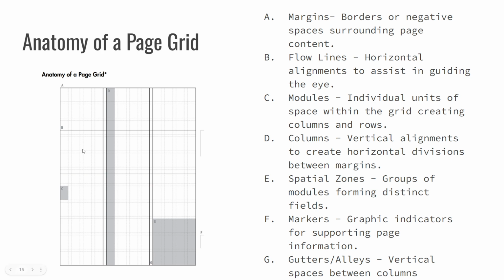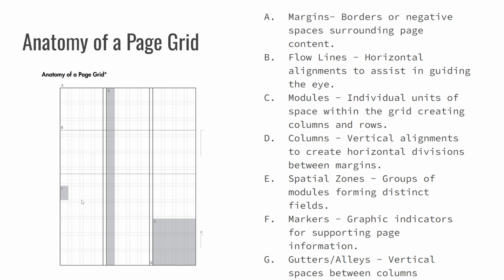So on here, our actual grid are these little gray rectangles. I know that there are some larger squares that are made, but our actual grid are these little ones right here. So C is our module or our cell, and that is the individual unit of space.